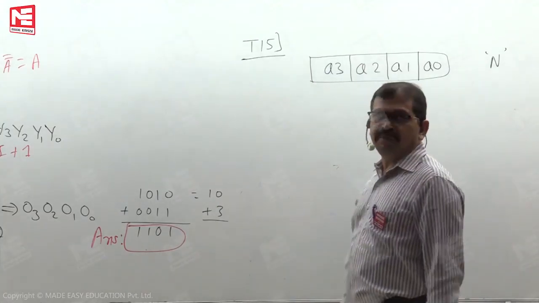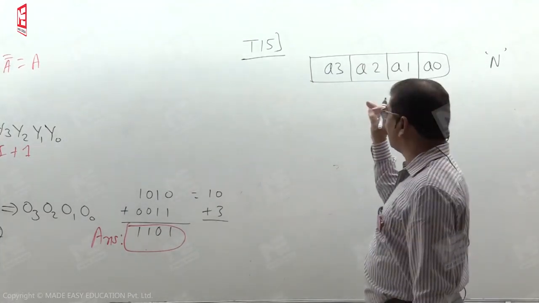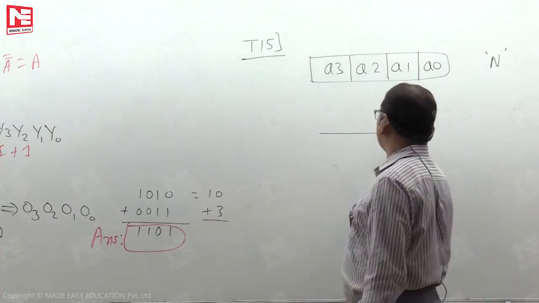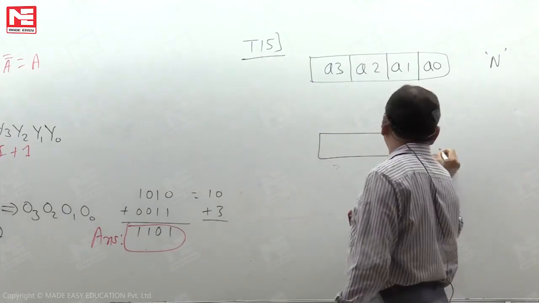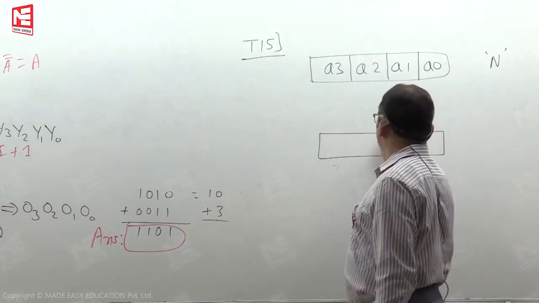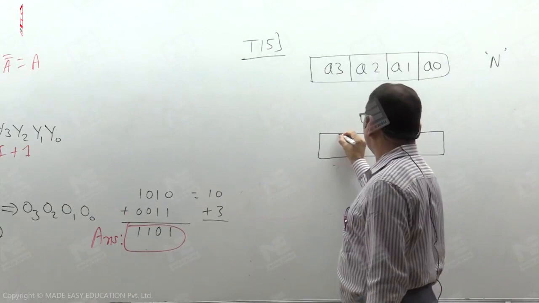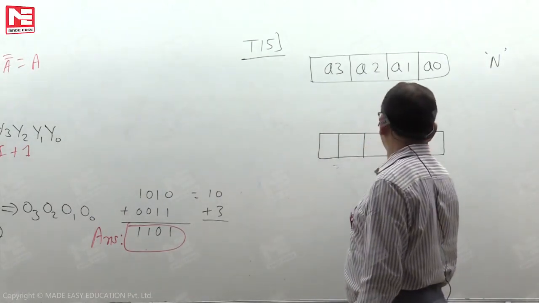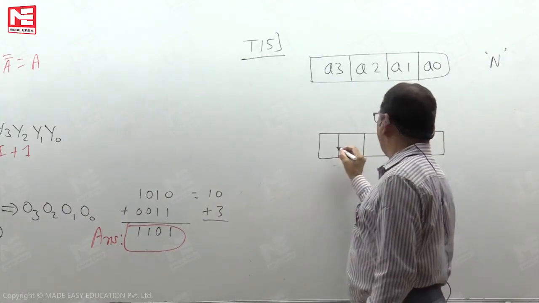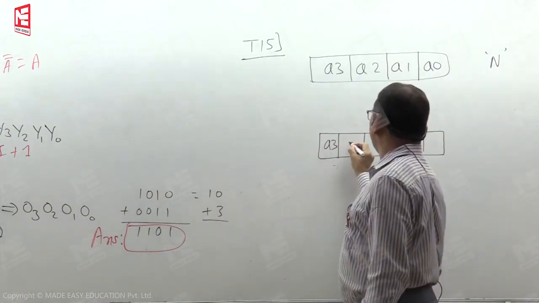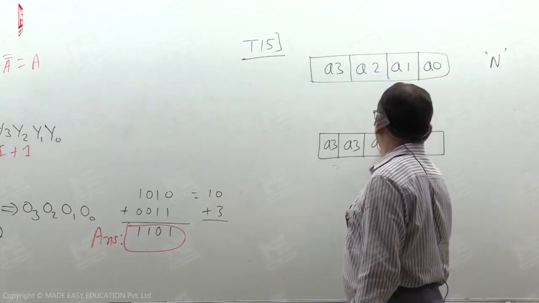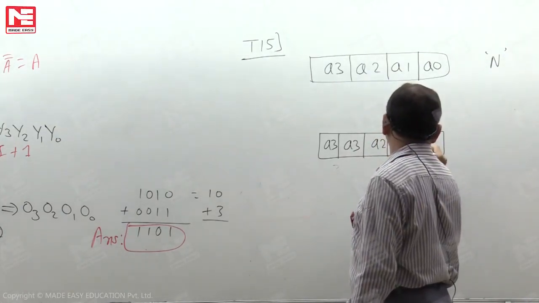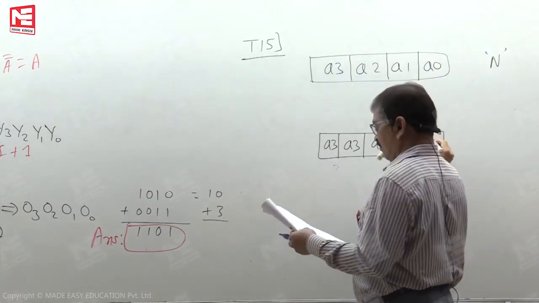When this number is copied into a 6-bit register, after a few mathematical manipulations, the final result we are having is A3, A3, A2, A1, A0 and 1.